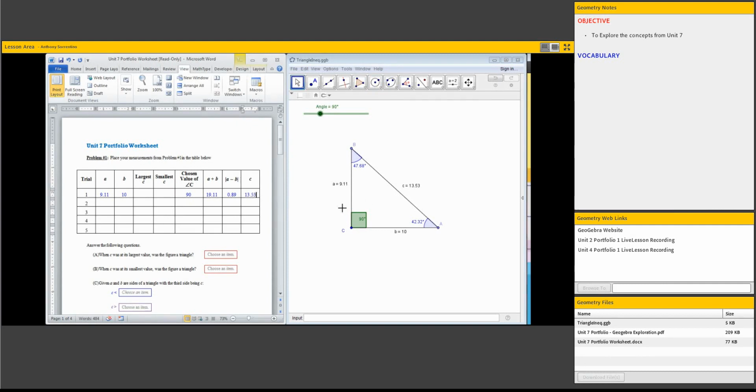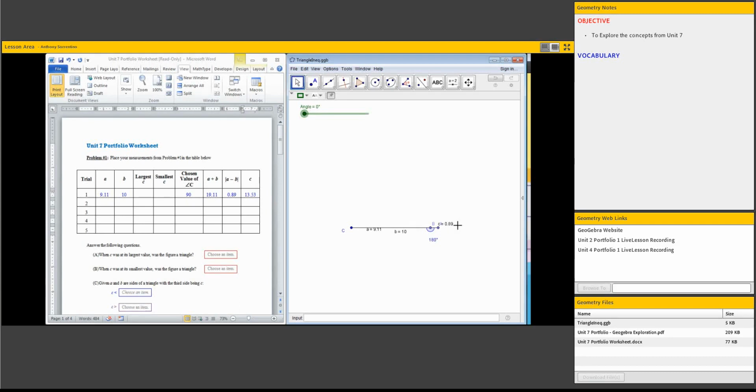Now, when it asks for largest C and smallest C, what I want you to do is take a look at this side over here, C, and move this angle about and see what makes it the biggest it could be, or the smallest it could be. If I go down to 0, it's hard to see here, but I can see that side C is 0.89.